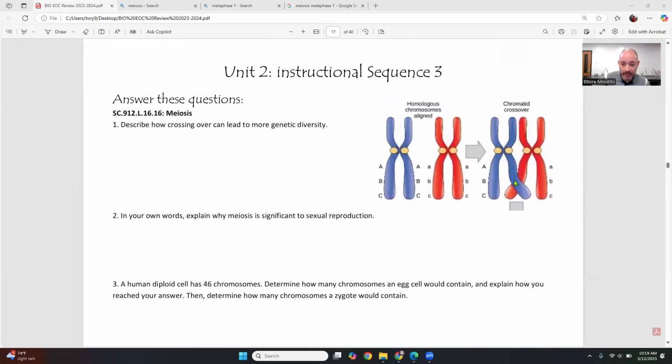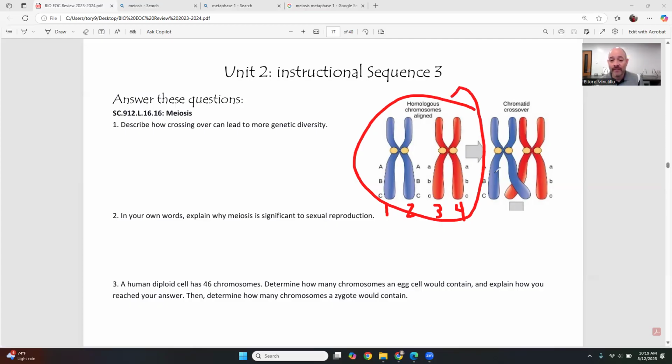If we look at our picture up here in our homologous pair, I end up having 1 copy of a chromosome, a second copy of it, a third for the 1 copy of that, and a 4th for the copy of that. This homologous pair is a group of 4. This also happens during prophase 1. So if they ask you when stuff happens in meiosis, more than likely the answer is prophase 1. But yeah, the tetrad is that group of 4 chromosomes that line up before division in meiosis 1.